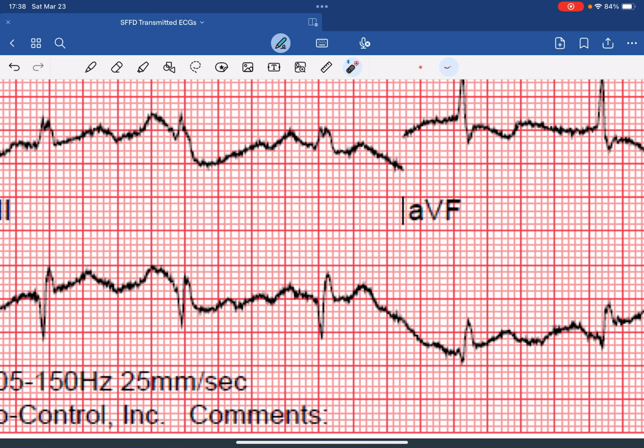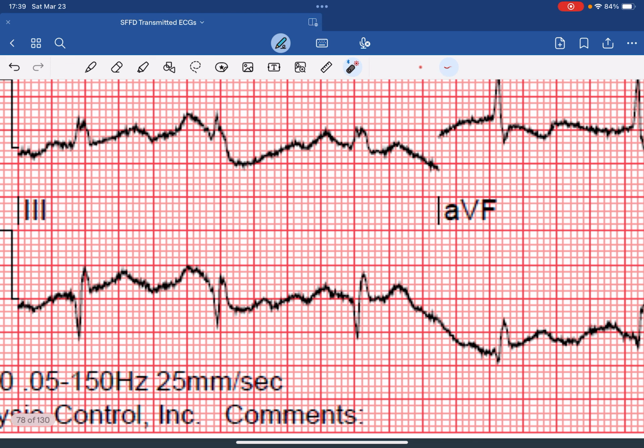One of these small boxes, remember, is a millimeter. If we look at where the PR interval begins, to where it enters the QRS complex, we can see that the Q wave accounts for 1, 2, 3, 4, 5 millimeters. So those are some very large Q waves. Another thing that points you to these Q waves being pathological and not just the normal variant has to do with their size in relationship to the overall QRS complex.